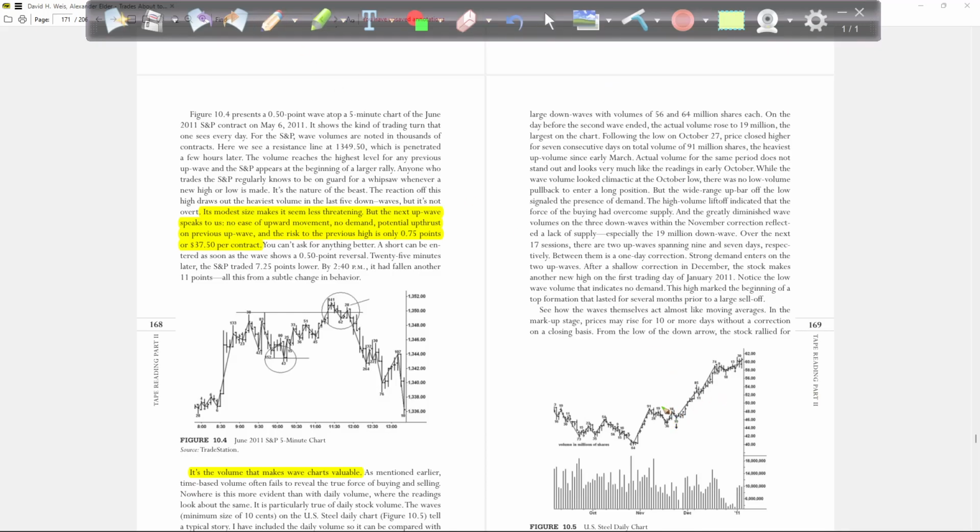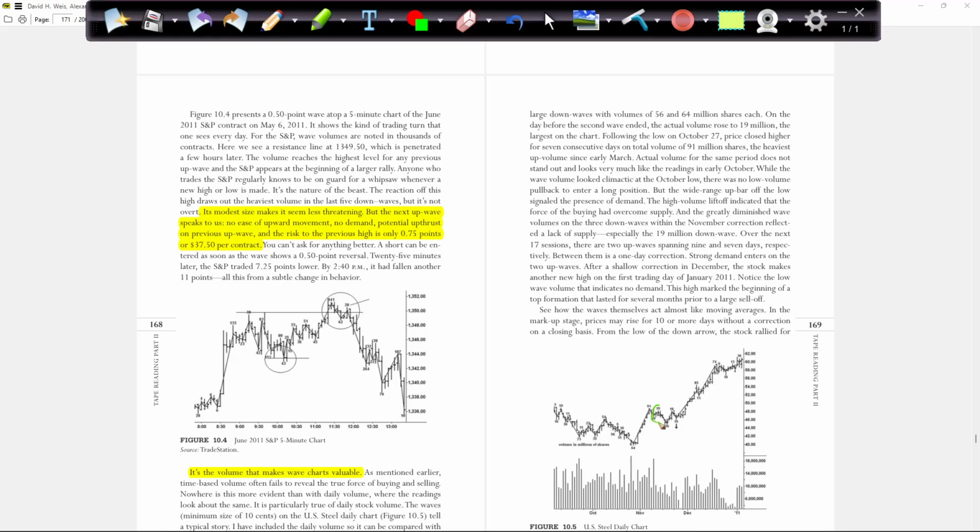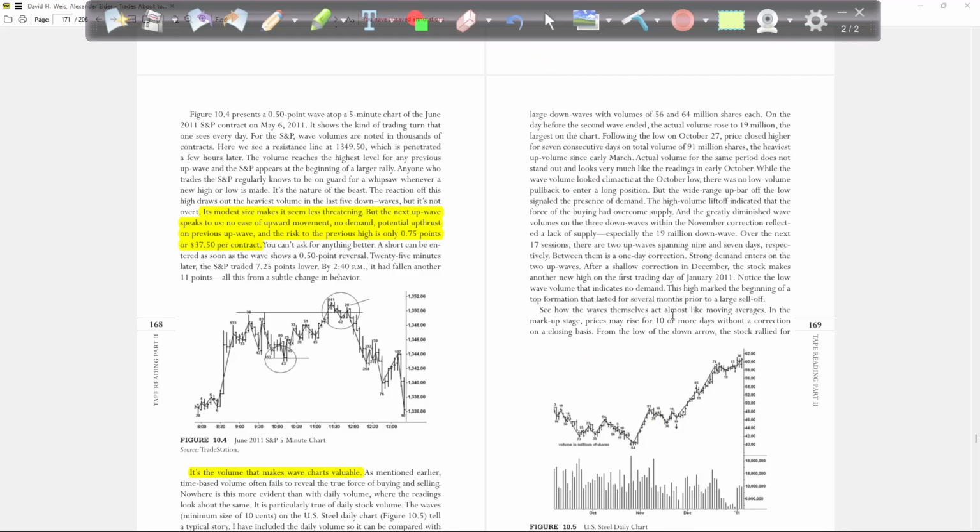The largest on the chart, on the day before the second wave ended, the actual volume rose to 19 million, the largest on the chart, following the low on October 27th. Yeah, it was here.